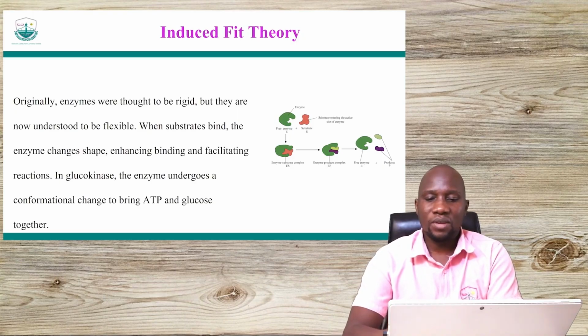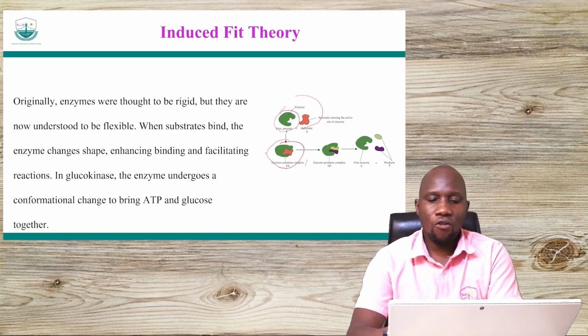So this is what is happening here. You can see that you have an enzyme there and the substrate. Okay, so the substrate enters into the active site, and then you form the enzyme substrate complex. When you look at this structure, it is not entirely like this.